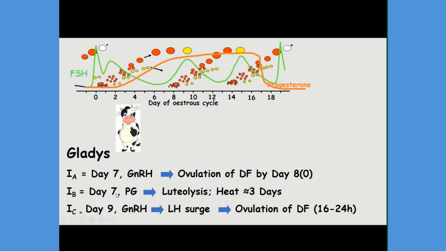So when we come back on intervention B, it's equivalent to about day 6 or 7 of her new cycle. She should undergo luteolysis because it's outside the refractory period, heat in 3 days. Again, we come back 2 days later and give GnRH. We should be able to tighten that window even further to 16 to 24 hours.